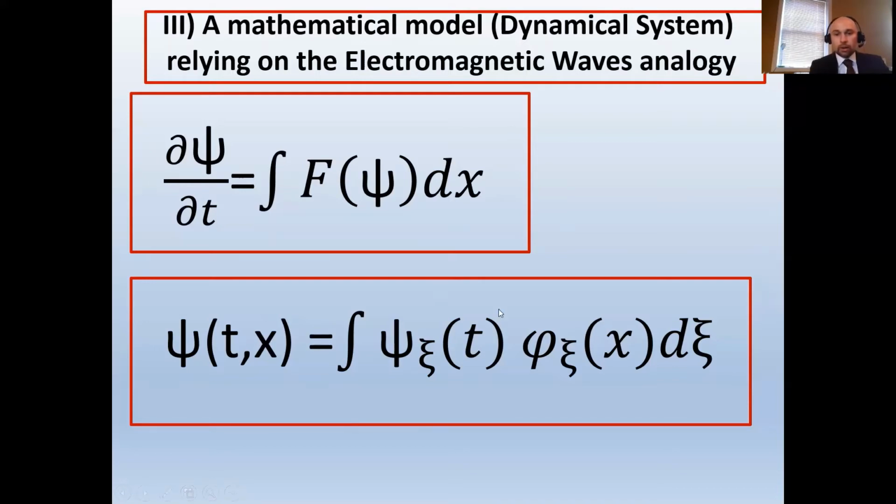So in an analogous way of the Fourier transform, we make the hypothesis that it's relevant to make the decomposition of my psychic state across a basis of emotions, cognitive states.